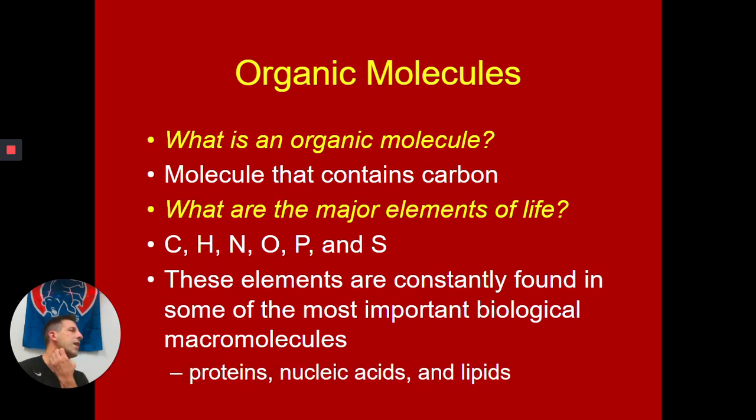In Chapter 5, we're going to talk in depth about proteins, nucleic acids, lipids, all these different types of large macromolecules. For instance, in proteins, you see carbon, you see nitrogen. Some proteins have oxygen in them. So you see almost every single one of those elements that we listed above in proteins.